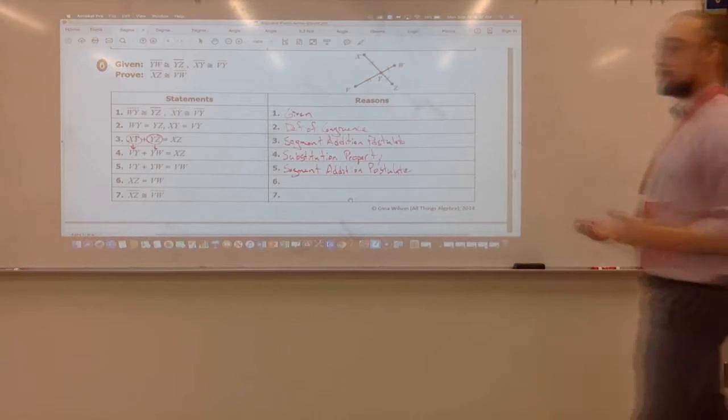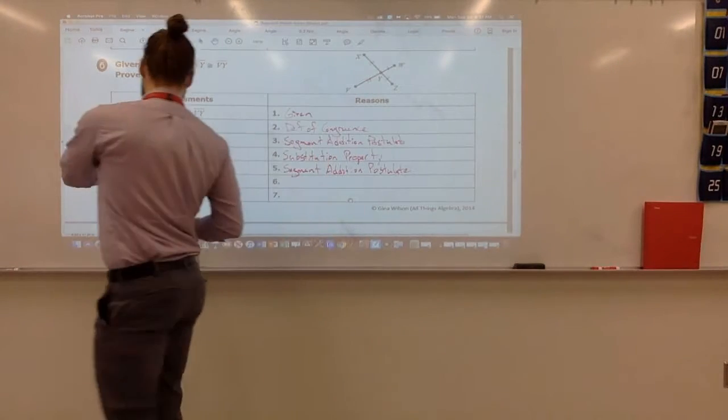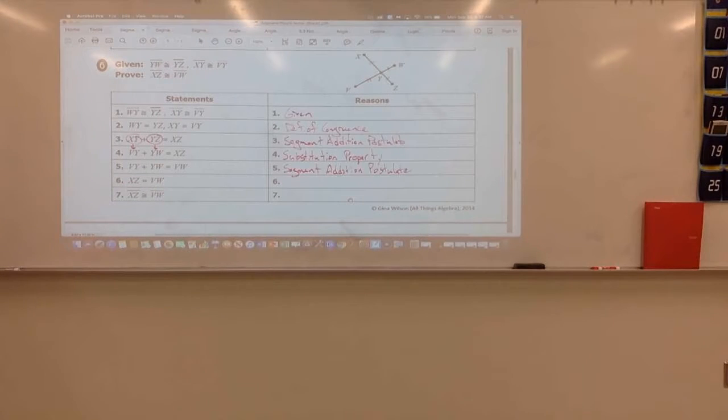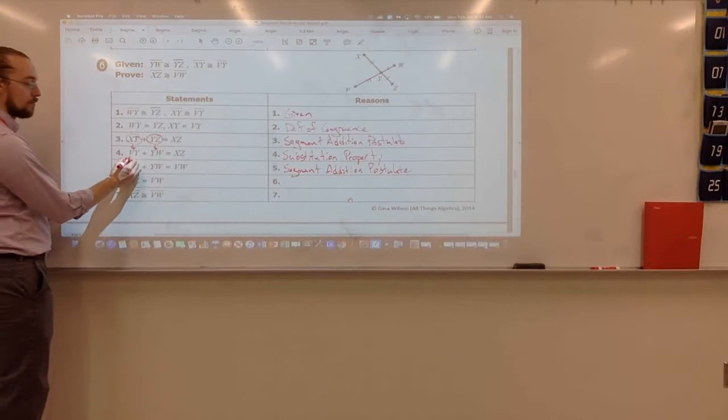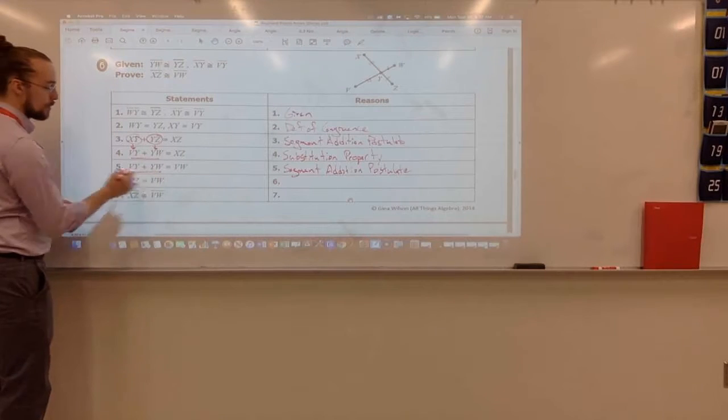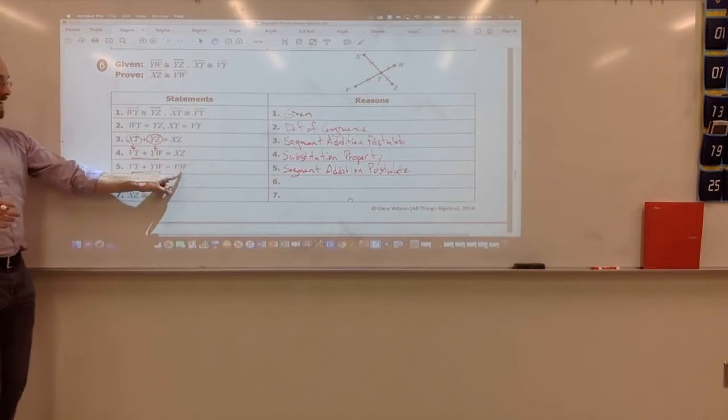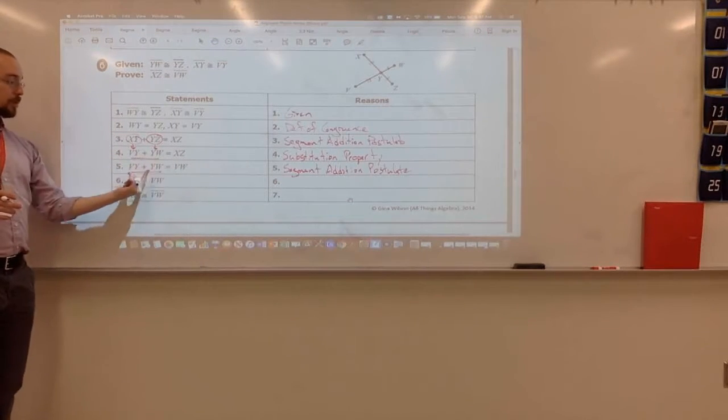So now they claim that XZ and VW are equal. How can I do that? Transitive. If we look at lines 4 and 5, we've got VY plus YW. So I'm saying XZ and VW are both equal to that.